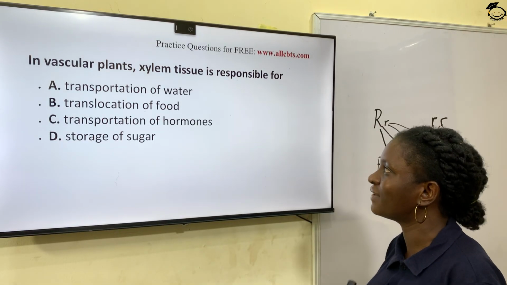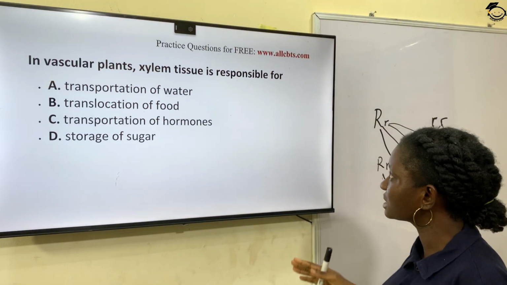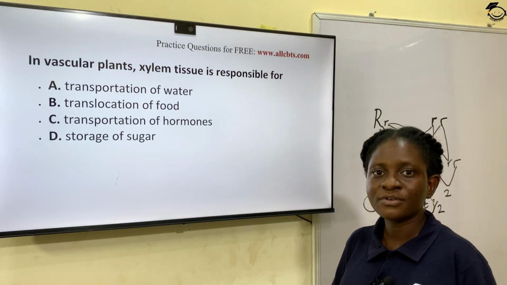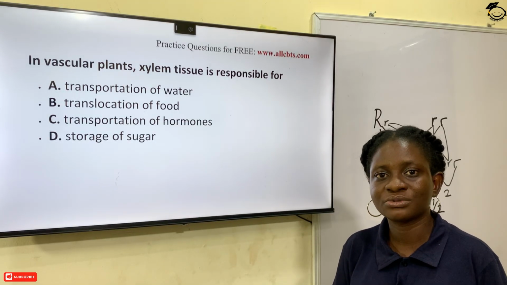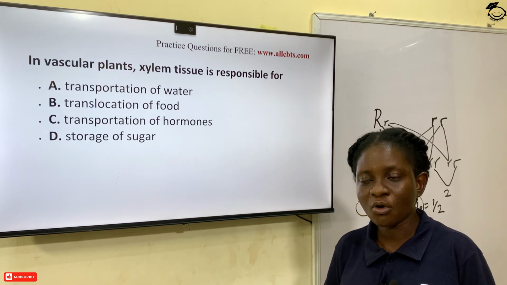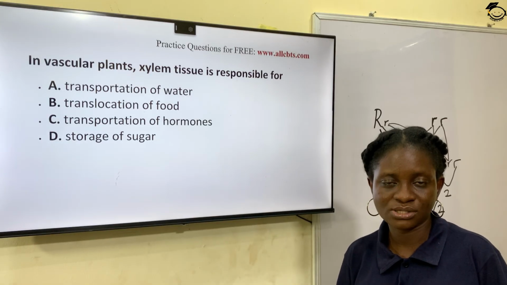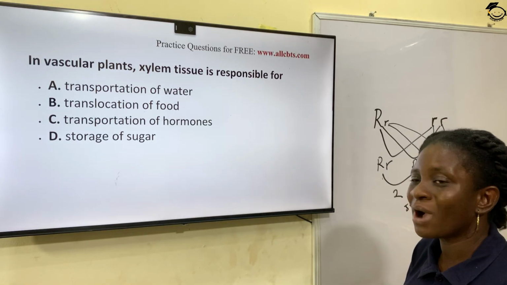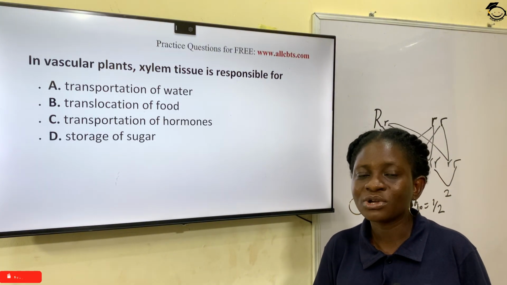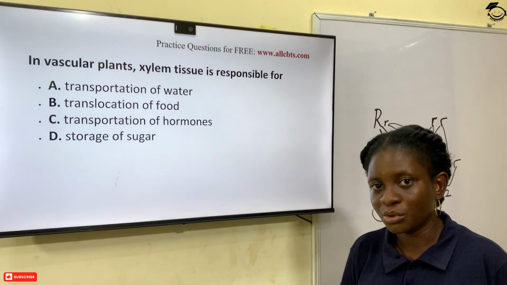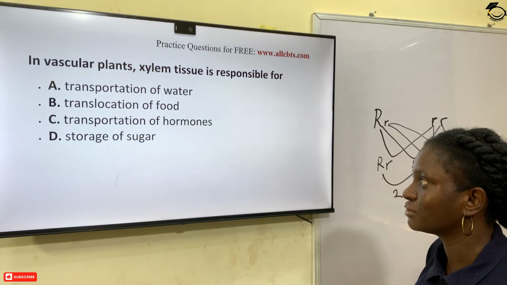Next question. In vascular plants, xylem tissue is responsible for... we have xylem and phloem. This xylem tissue is mainly responsible for transporting water from the roots to other parts of the plant, the stem and leaves, while the phloem is also involved in transportation, but in this case, not water, but food from the leaves to the rest of the plant.